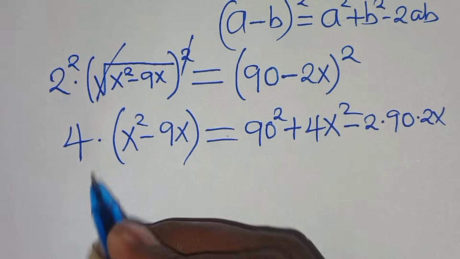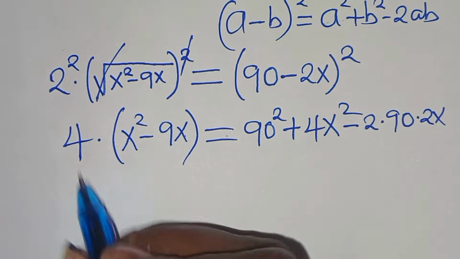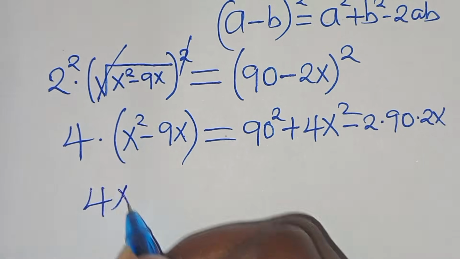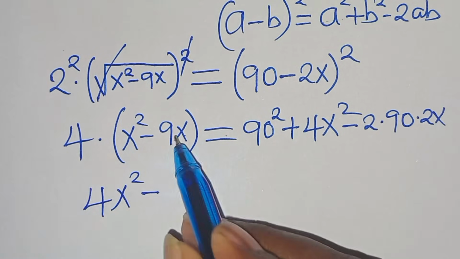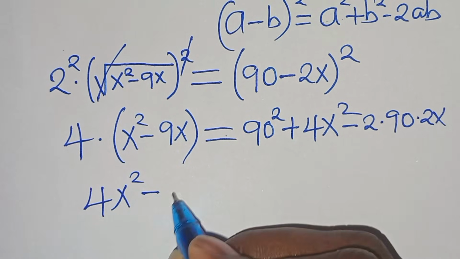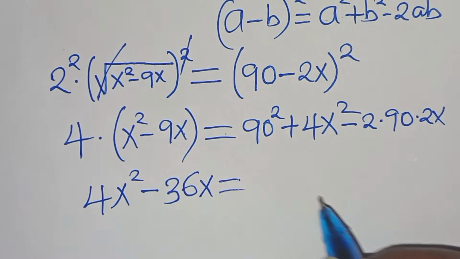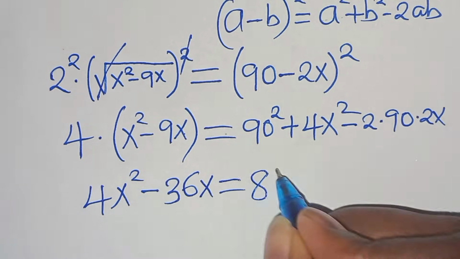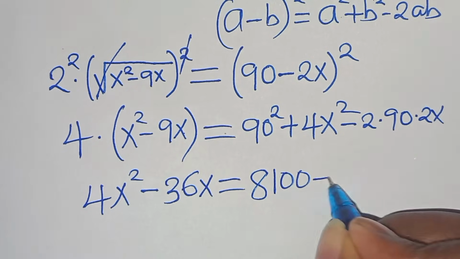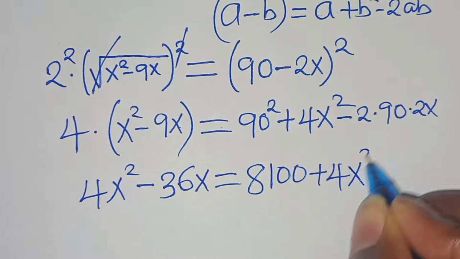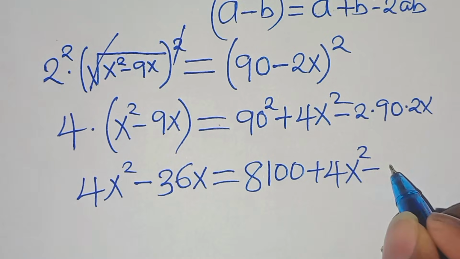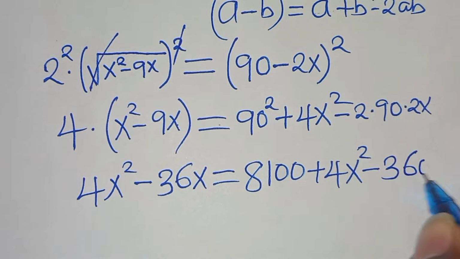So now we open the parentheses here: 4 times x squared is 4x squared, minus 9x times 4 is minus 36x. This is equal to 90 squared, which is 8100, plus 4x squared minus 360x.